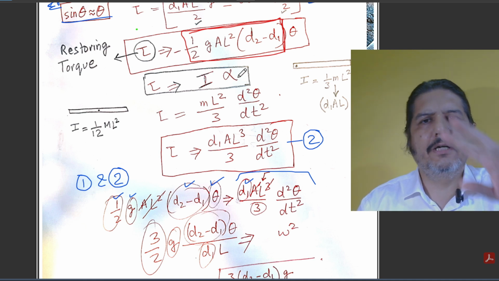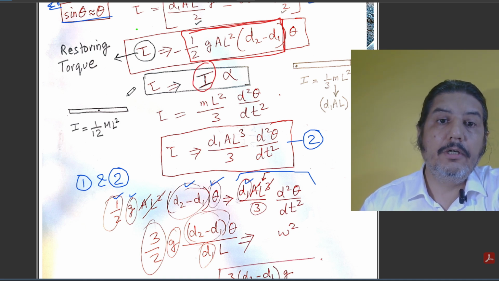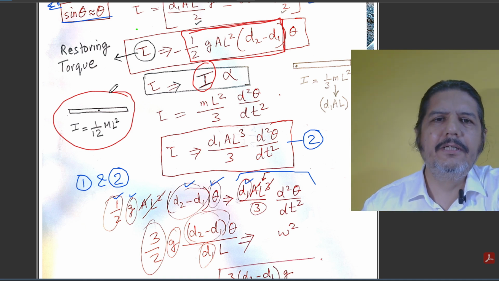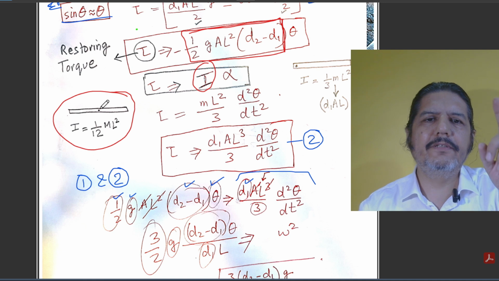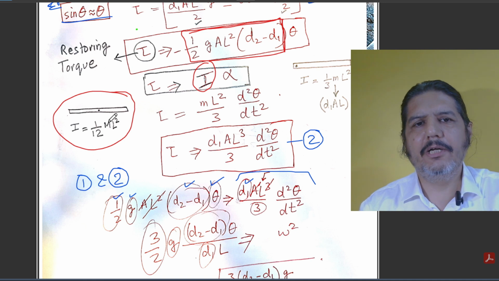Alpha is the angular acceleration, d square theta by dt square. For a rod, the formula we usually remember is 1 by 12 ml square, but this is through the center of mass of a rod.